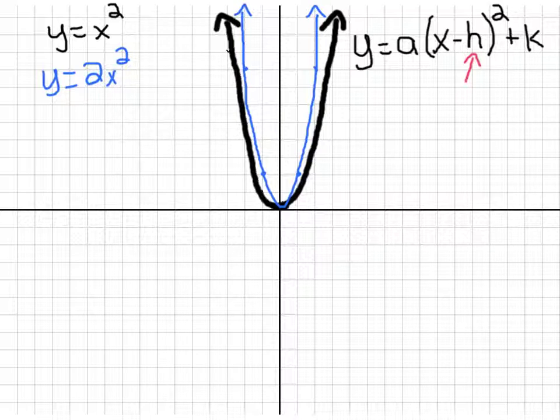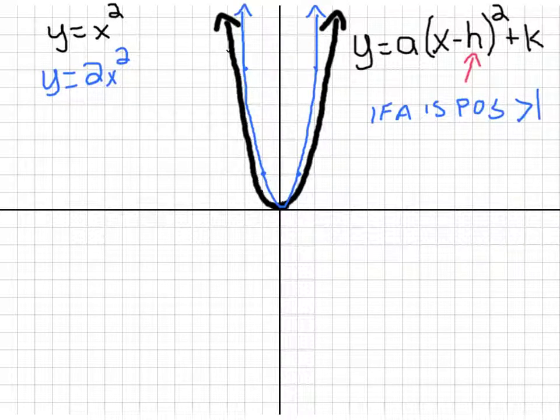And what we'll find out then is, when A is a positive number, let's write that over here maybe: if A is positive, greater than 1, the graph ends up being narrower. The graph is more narrow.